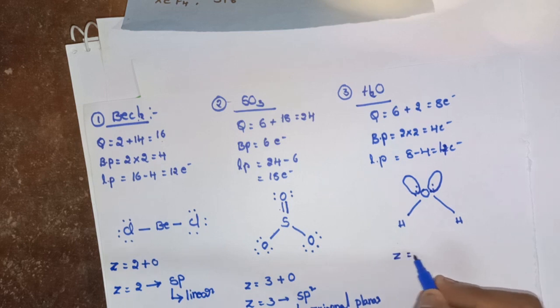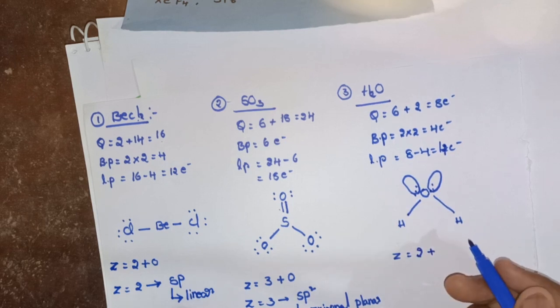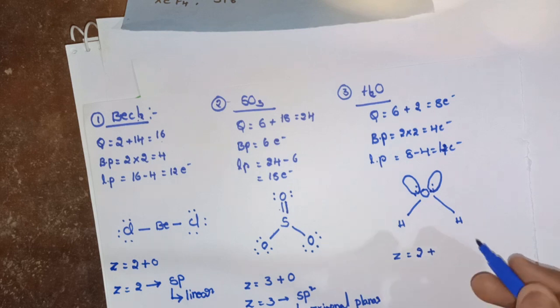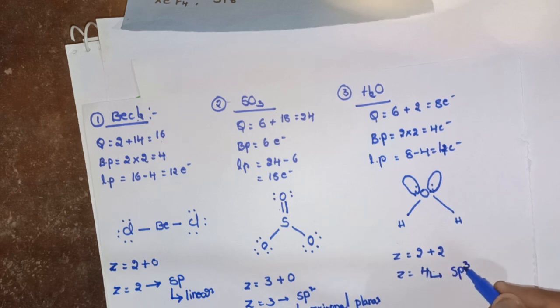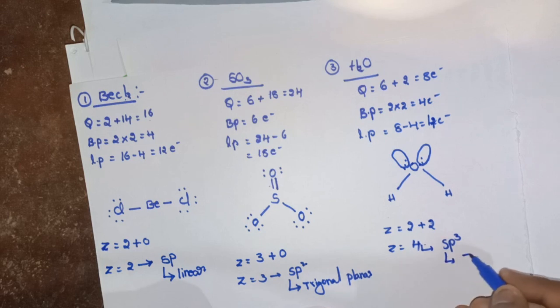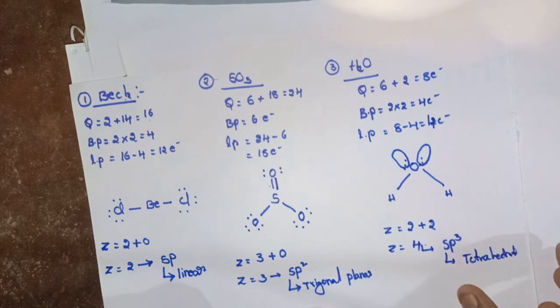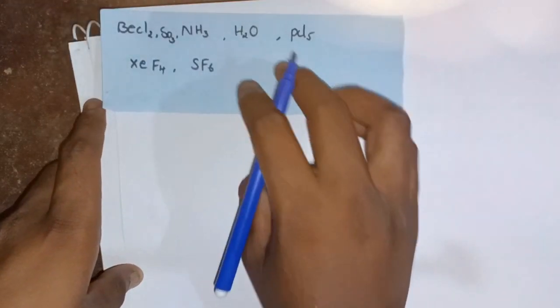That is, Z is equal to the number of sigma bonds around the central atom, 2, plus the number of lone pairs around the central atom, 2. That is Z is equal to 4. Its hybridization will be sp3. Its geometry is tetrahedral. Let's find out some more hybridizations for PCl5.